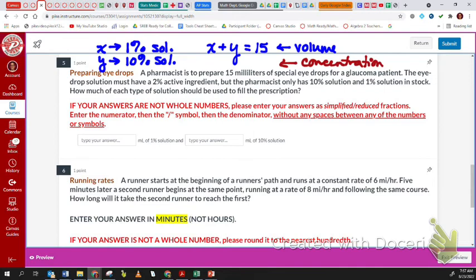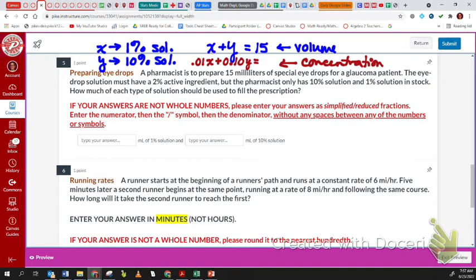So I have concentration for X, so 0.01 X. I have the concentration for Y, 0.10 Y. And then I need the concentration of this final solution. I know how much needs to go in it. I know what percentage it needs to be, and I know the amount.